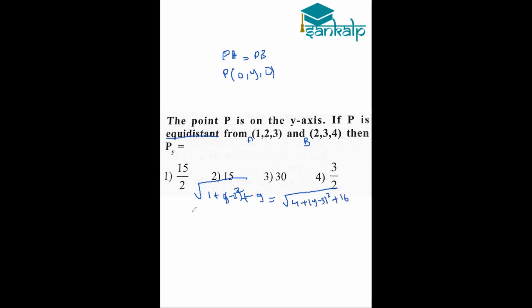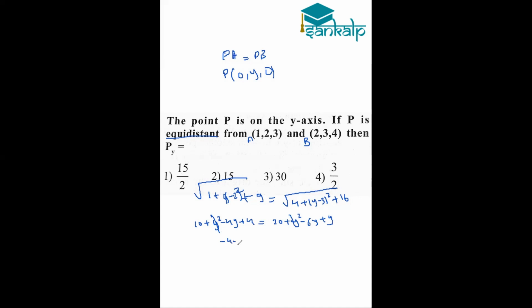Squaring on both sides, we get 1 plus 9, which is 10, plus y squared minus 4y plus 4, equal to 20 plus y squared minus 6y plus 9. On simplifying, y squared will cancel off.